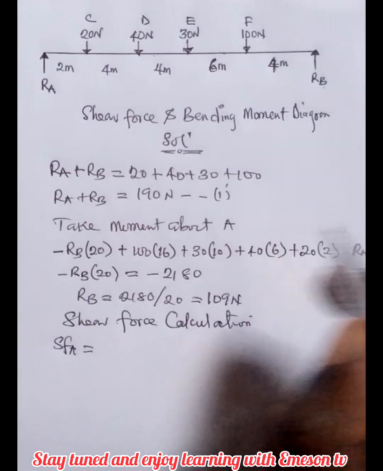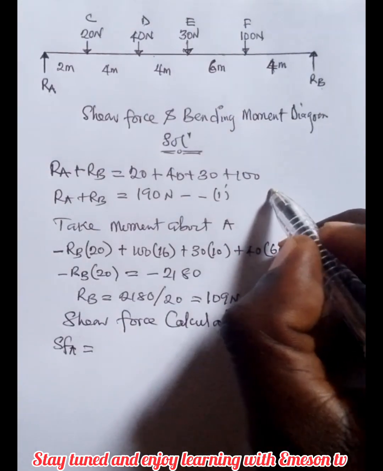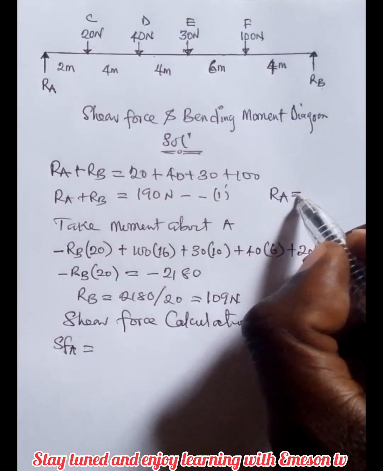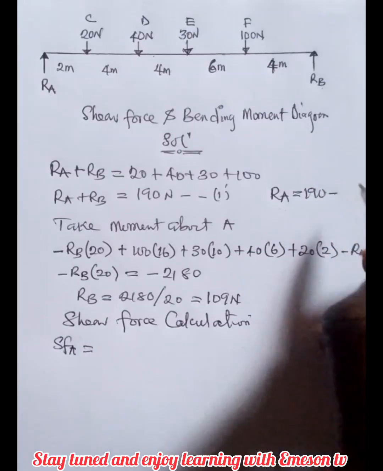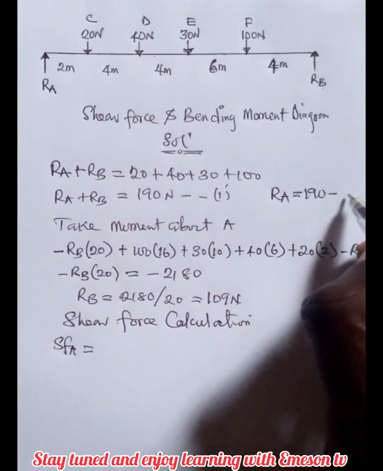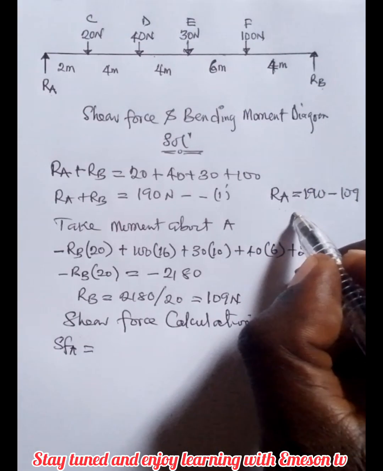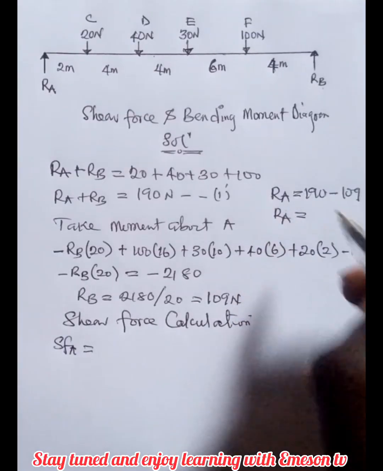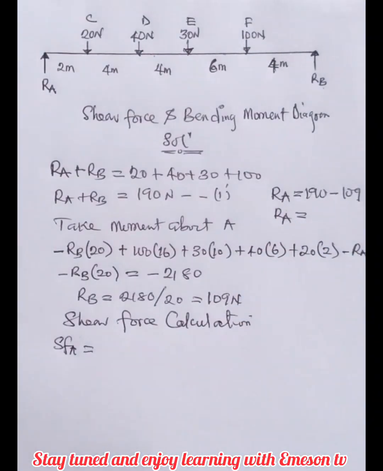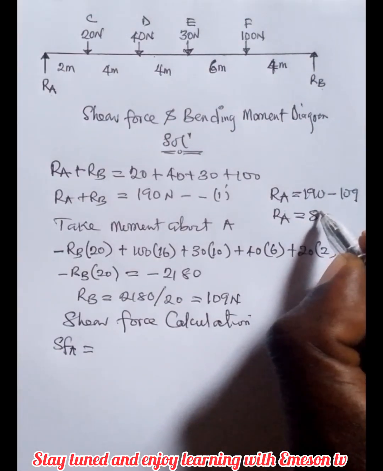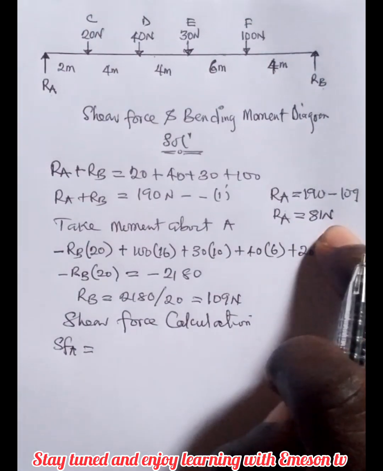From equation 1, R_A is equals to what? 190 minus R_B, which is 109. So R_A is equals to 190 minus 109, which is 81 Newton. So we've been able to get the force there.